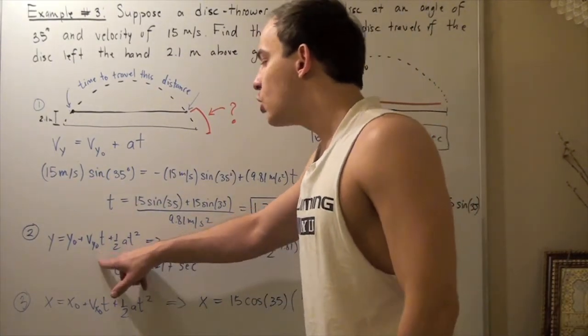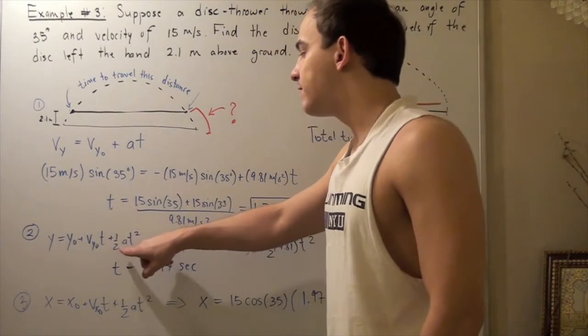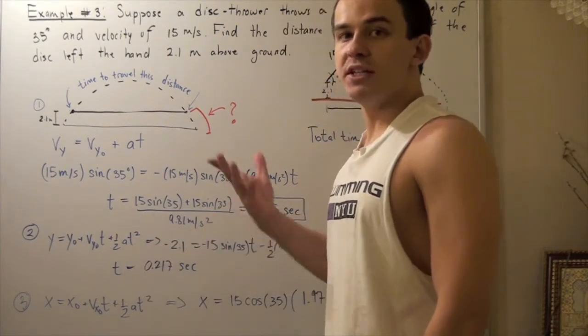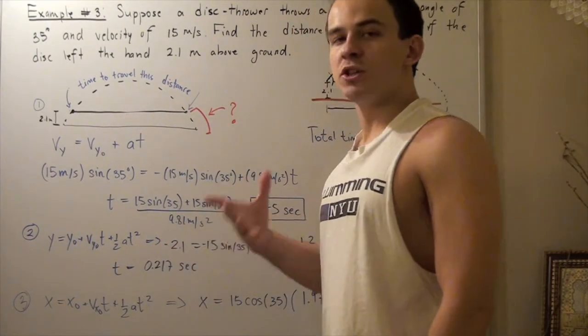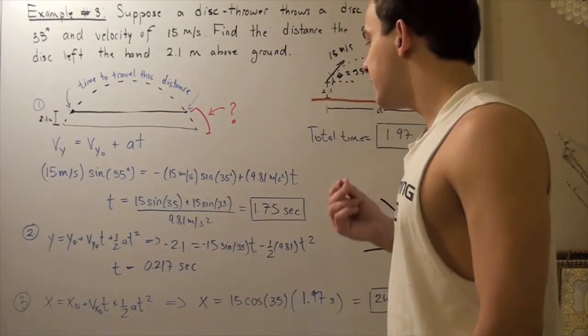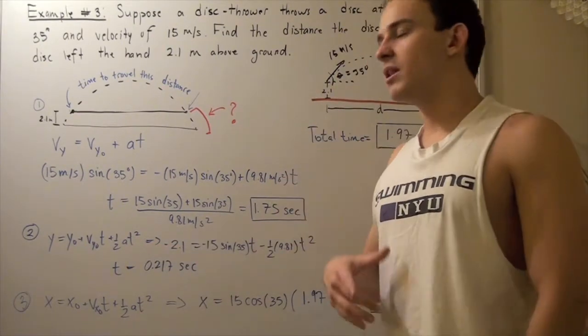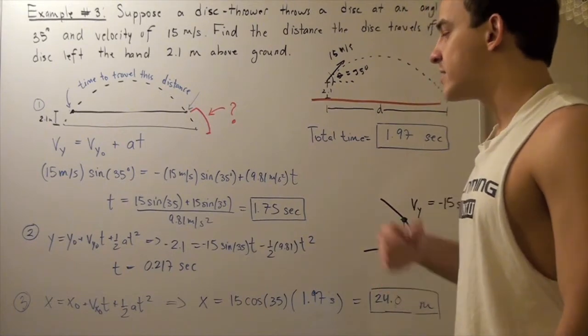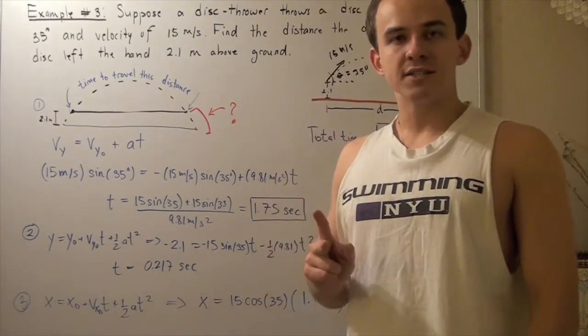The time, we don't know. That's what we're looking for. Plus 1/2 acceleration, we know, is simply 9.81 meters per second squared, and the time is what we're looking for. So what we basically get is a quadratic equation. So we have to use the quadratic formula to solve for our time. Now we get two answers. One is negative and one is positive.